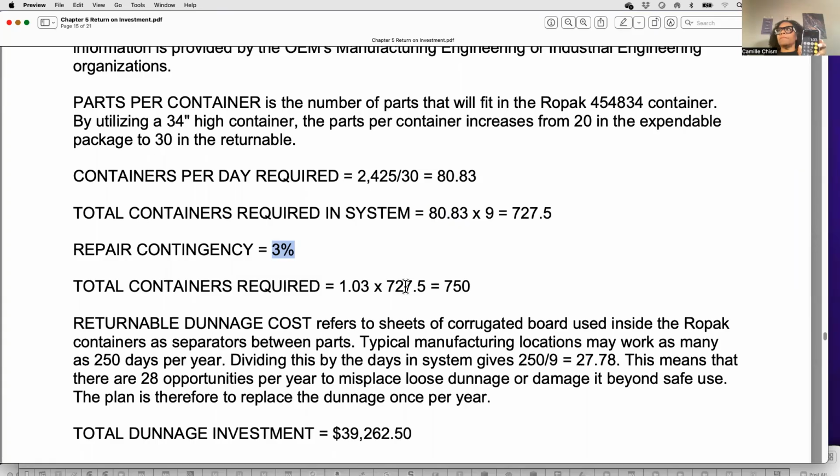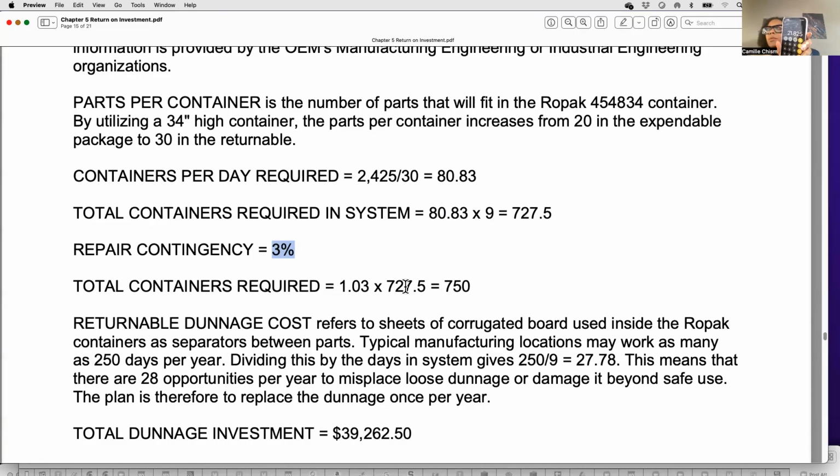So this would be the same thing as saying 0.03 or 3%. Let's do that again. So yeah, that's the same thing. So 3% for your repair contingency, and multiplying that by your 727.5, right?